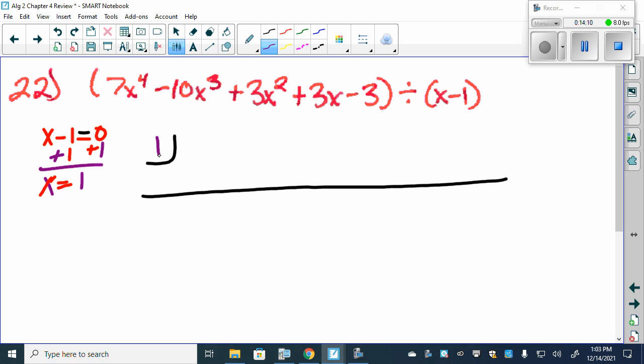From here, we put the coefficients, the numbers in front of the variables, on top, and if any variable is missing, we put in a 0. Now we would have 7 for x to the 4th, negative 10 for x cubed, 3 for x squared, 0 for x and negative 3, and we will bring down the 7.